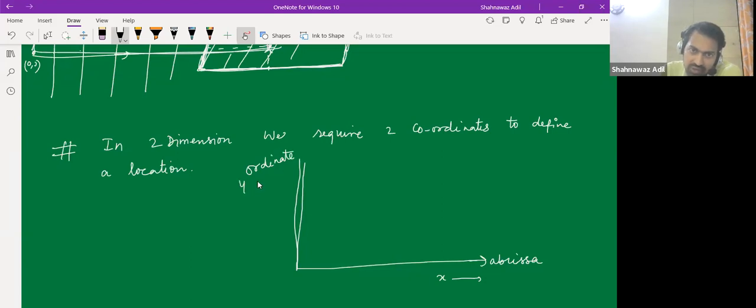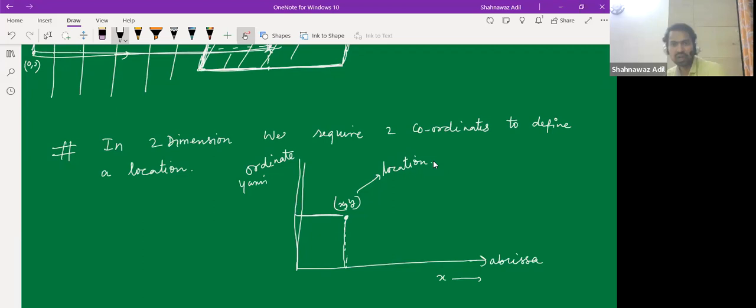So the location of this point will have some x distance, and then it has some y distance. So this would be called the x comma y point location, right? Is this clear to you?